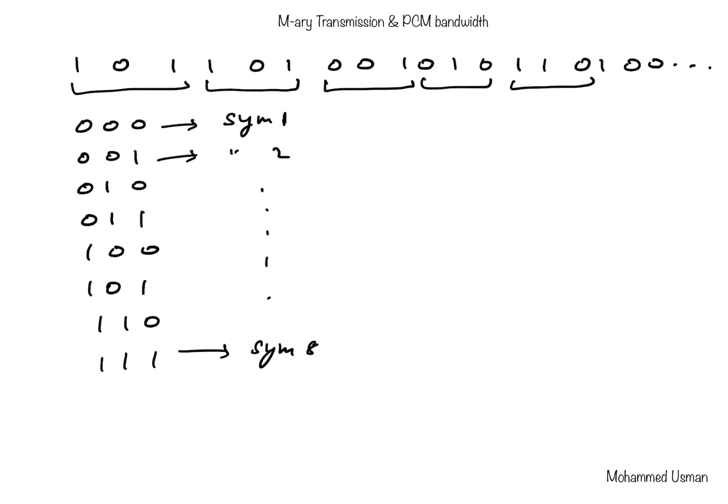Now, because we have 8 possible symbols, when we are representing this with the pulses, we'll need 8 possible voltage levels to represent them. So, time and voltage. Let's say V1, V2, V3, V4, minus V1, minus V2, minus V3, minus V4. And then we can map each of these symbols to a corresponding voltage level.